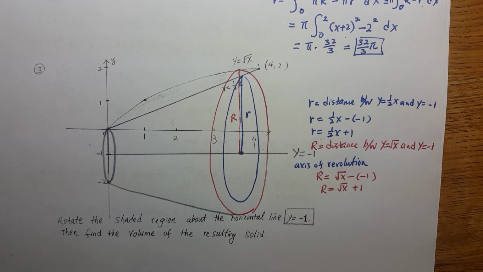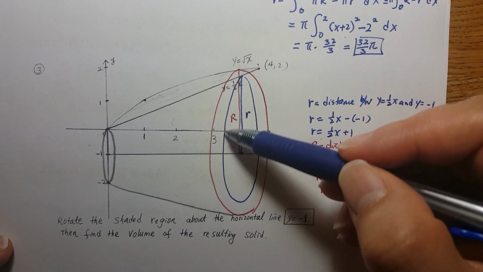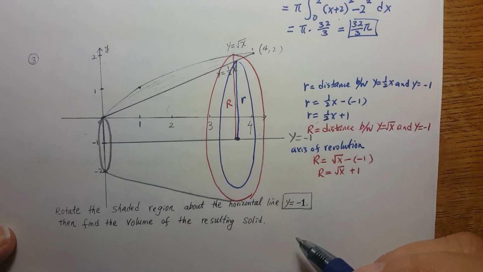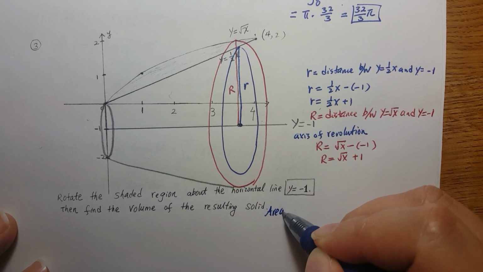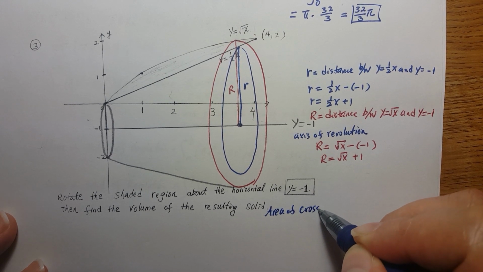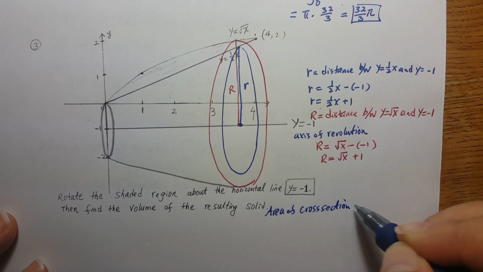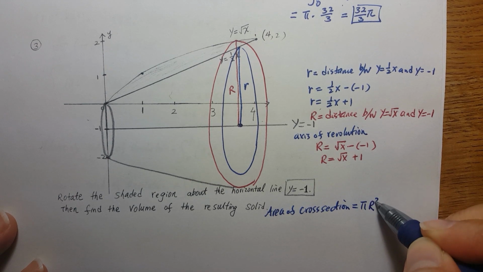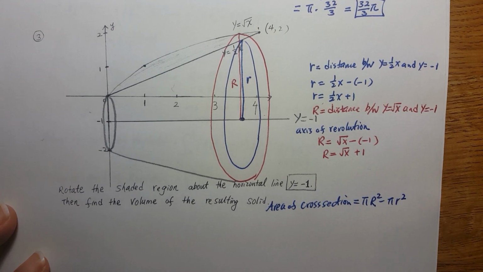So now we're ready to calculate the area of the cross section. We say that the area of the cross section depends on the shape of the cross section. So over here you get small circle and big circle. So the area of cross section is still going to be pi big R squared minus pi small r squared.